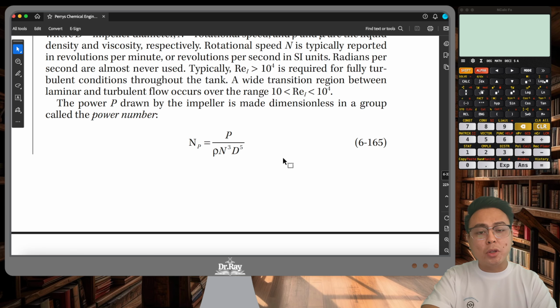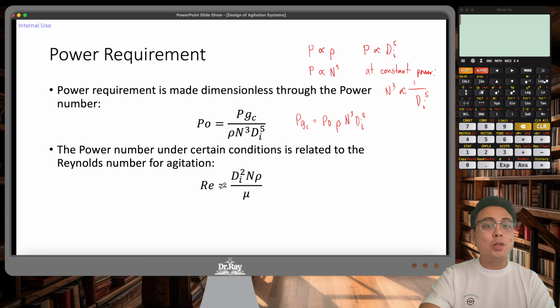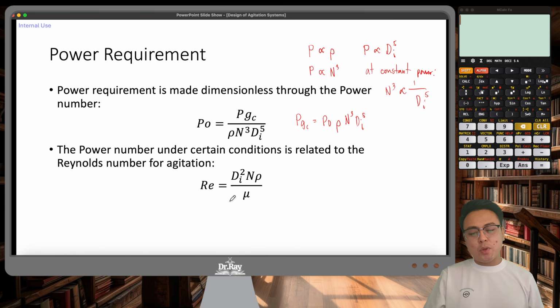Now, another parameter that is important for the design of agitators has something to do with the impeller speed, and that is, of course, the Reynolds number. The Reynolds number, as we have already previously discussed, is important for judging if a flow is laminar or turbulent. The usual appearance of the Reynolds number is designed for fluid flow inside of pipes. That would be D u rho over mu, meaning diameter times fluid velocity times density over viscosity.